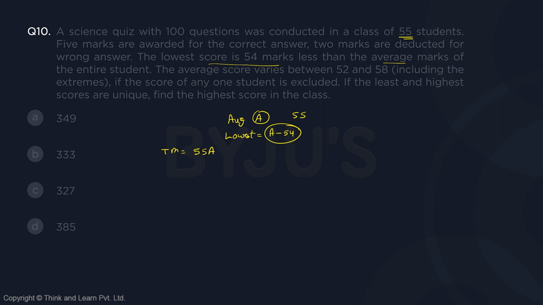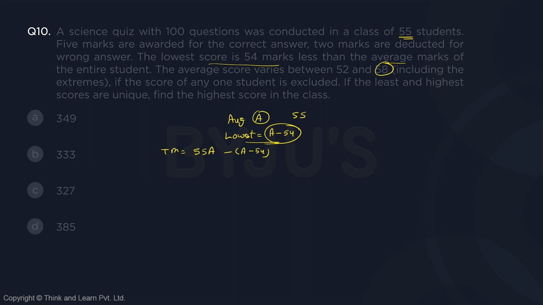As I stated earlier, if I remove the lowest marks, total minus lowest marks, and then calculate the average, that should be equal to the highest average. If I exclude the lowest marks, the average must be the highest, and according to the range, it should be 58 only.